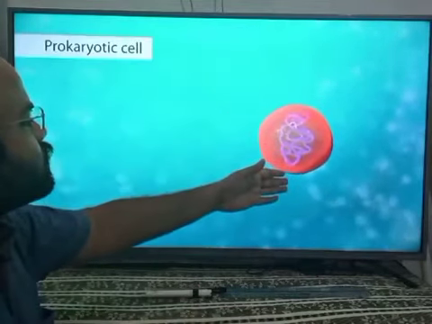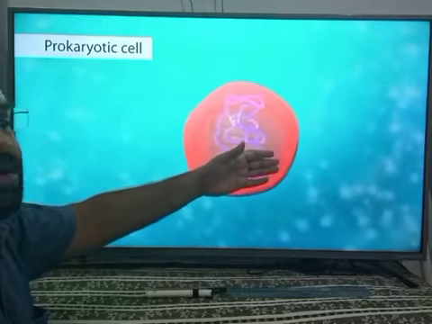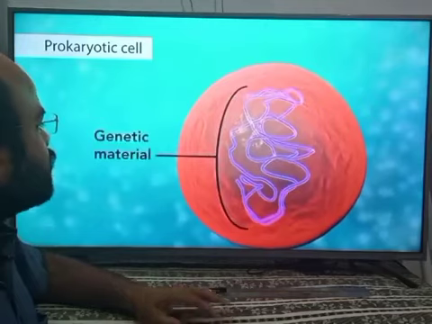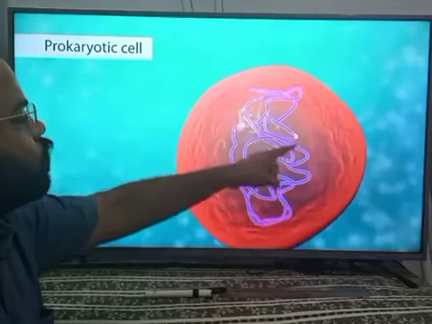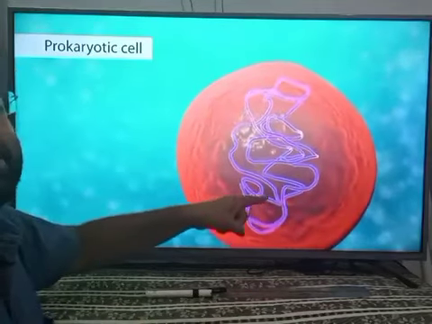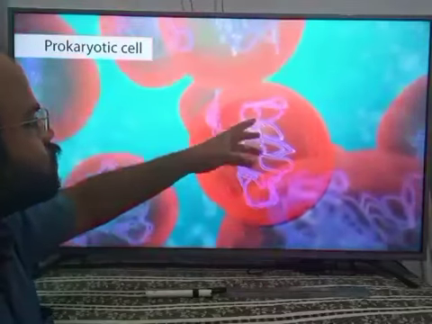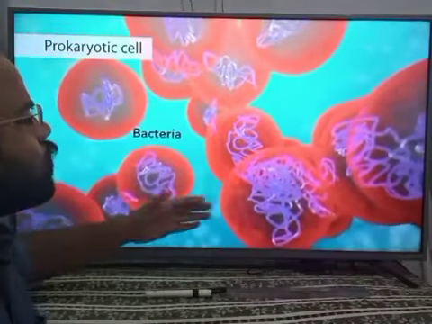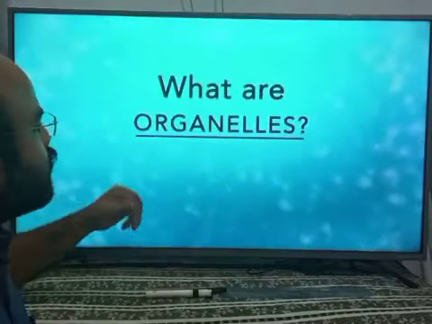This is the prokaryotic cell. We had discussed the prokaryotic cell, but it does not have a nucleus. Genetic material is found in the portion where the nucleoid is. So there is no membrane bound nucleus. The most important example of a prokaryote is bacteria.